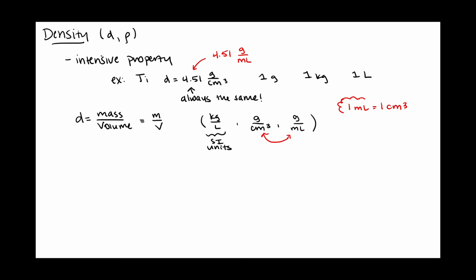Now, why is this important? Why is density one of the first topics that we talk about? It's a good example of how we can conduct an experiment, and how we can use density to determine whether or not something is what it is claimed to be. An example would be, suppose you were walking around outside and you came across this nugget.